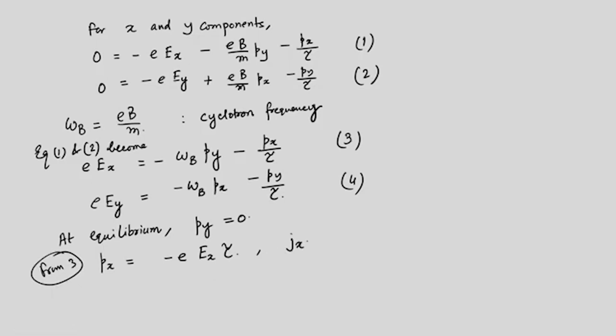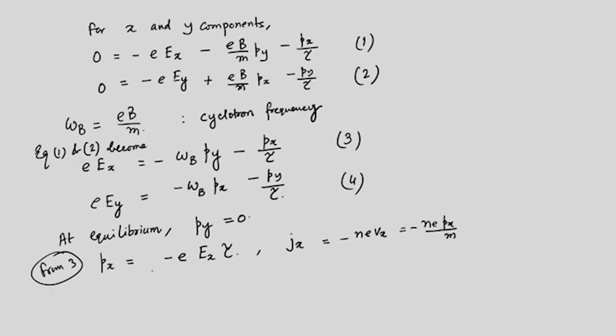As a result, you get J, which is nothing but Ne into P by M, because it's NeV. That's how the current density is defined in terms of the velocity of the electrons. So, this is equal to minus NeVx, and this is equal to minus NePx over M.